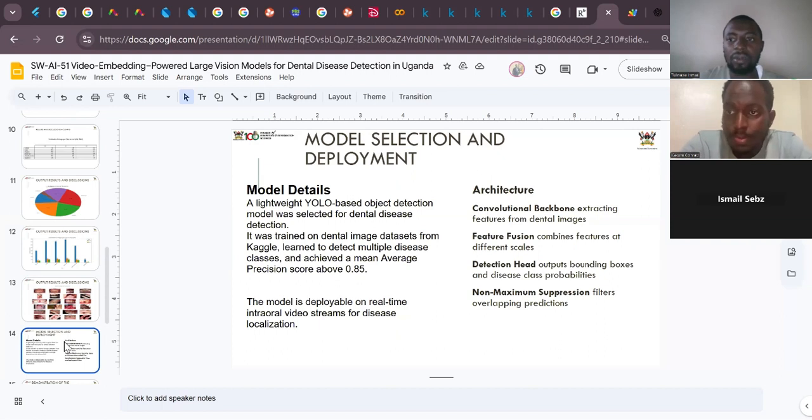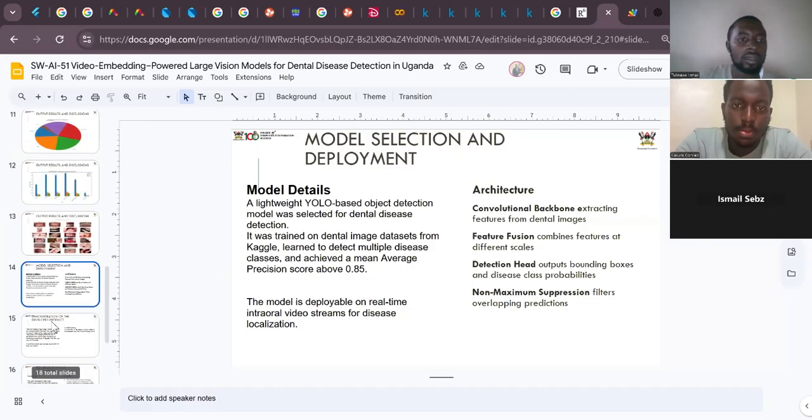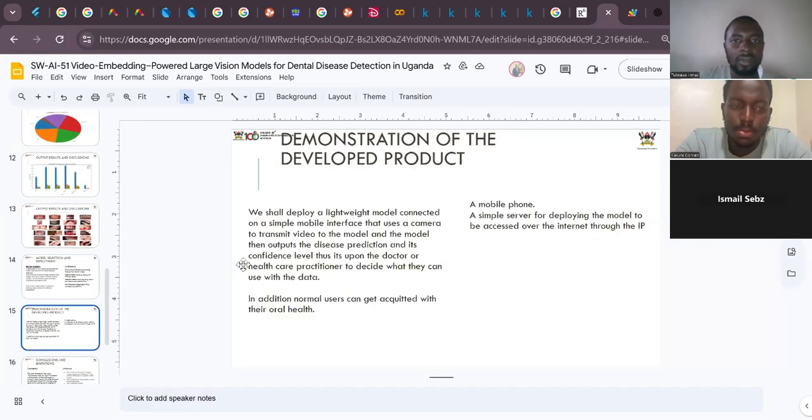So YOLO looks at the image once and then classifies that image. Then for the demonstration, we shall deploy this model to mobile devices, cameras and smartphones, though we haven't deployed this model to these devices.